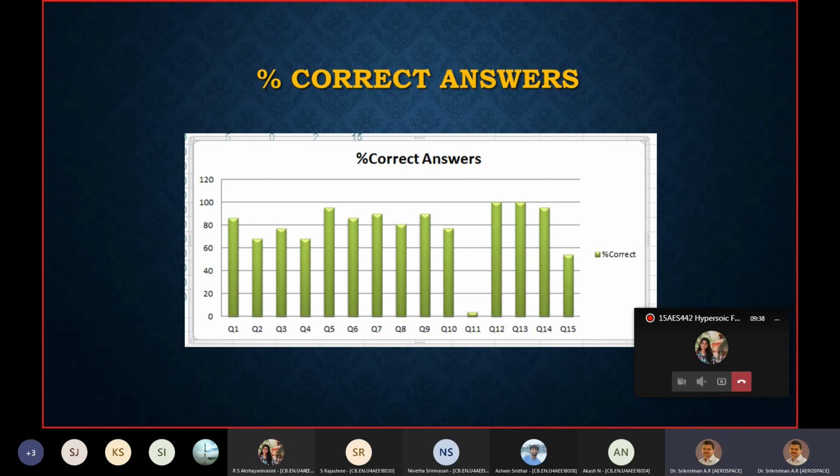This is the pattern that I just took from AUMS, the percentage of correct answers for Q1, Q2, etc. On the x-axis, the histogram is plotted for different questions with the percentage of correct answers. You can see that there are a few questions for which 80% or below of people have got it correct.